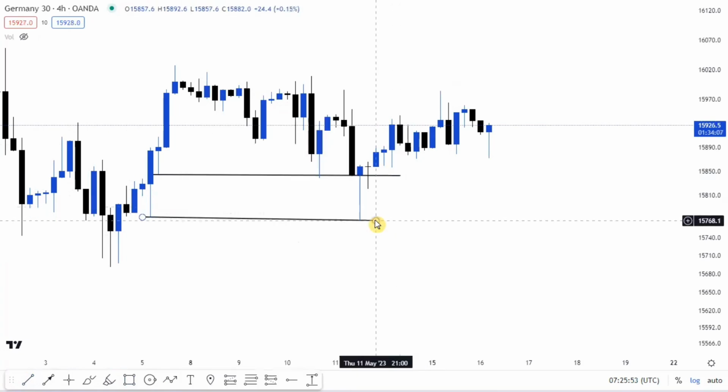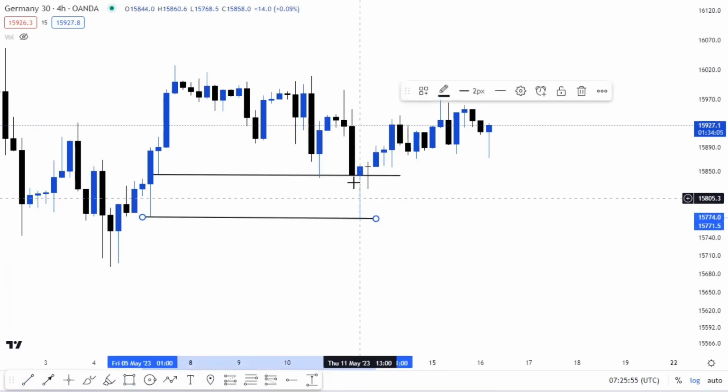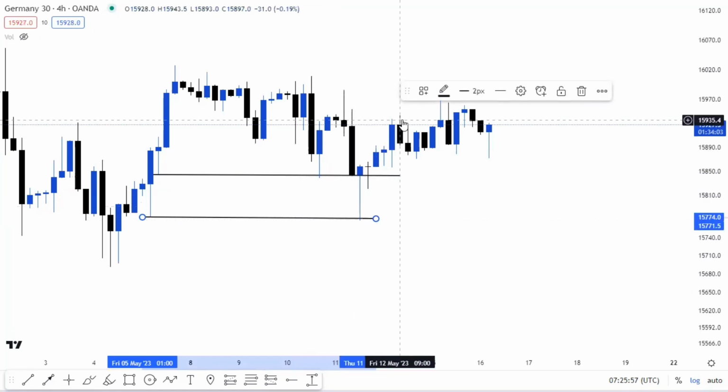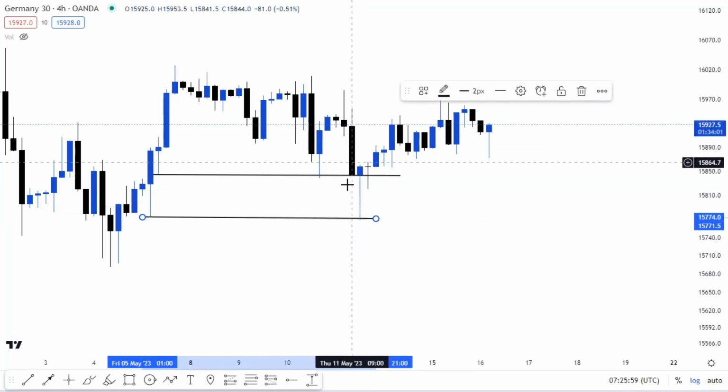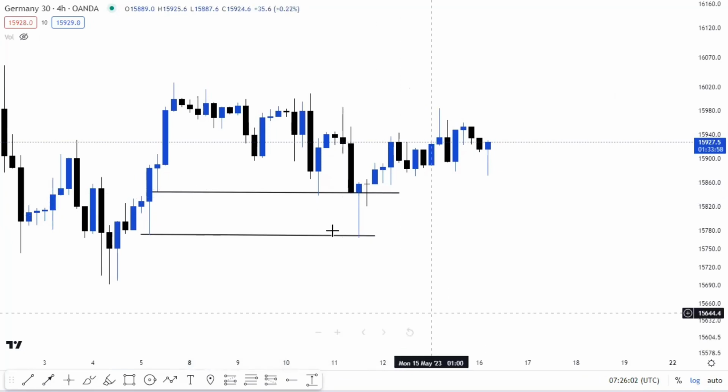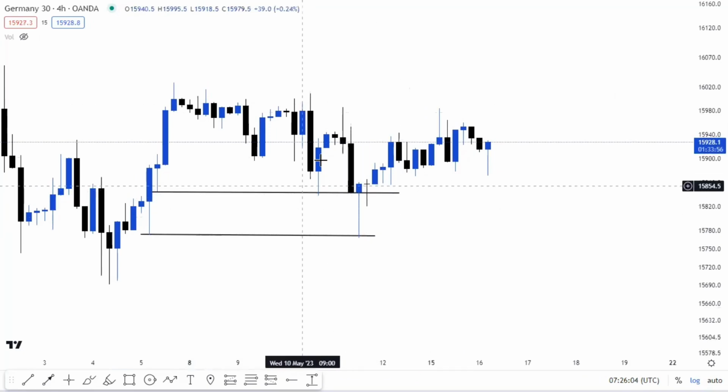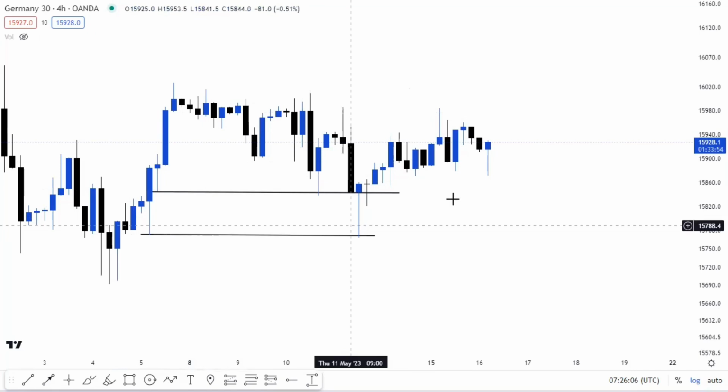Based on this, I think this is the reason why we had that strong rejection back to the upside. We have the liquidity grab and then the equal low being created.